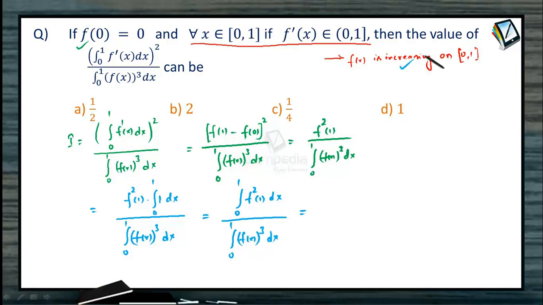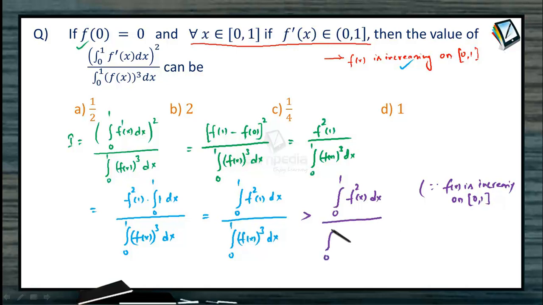Now we'll use the condition that f of x is increasing on (0, 1). The value of integral f square 1 dx should be strictly greater than integral 0 to 1 f square x dx, since f of x is increasing, right, on (0, 1).